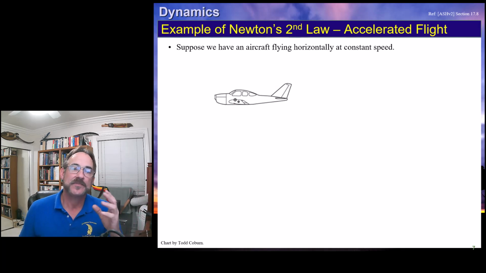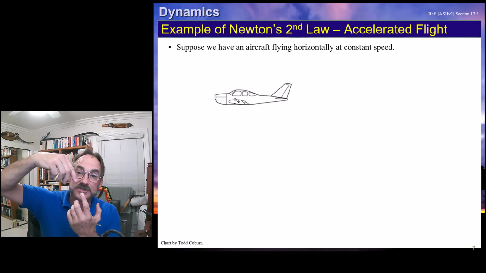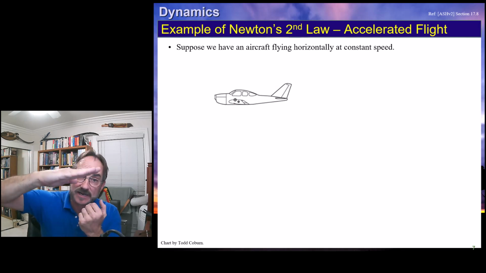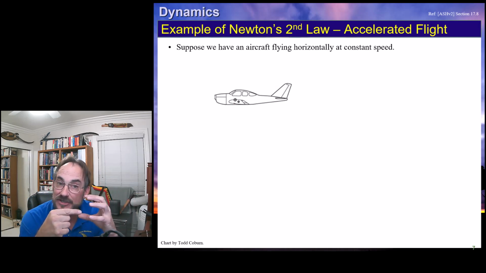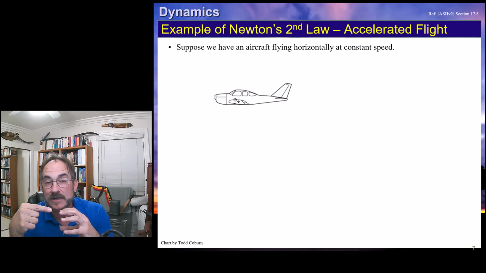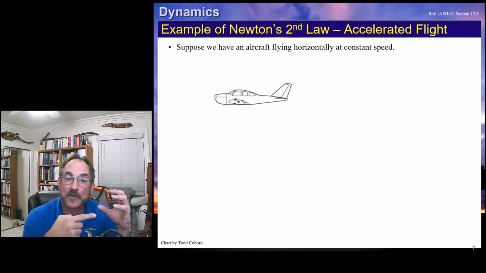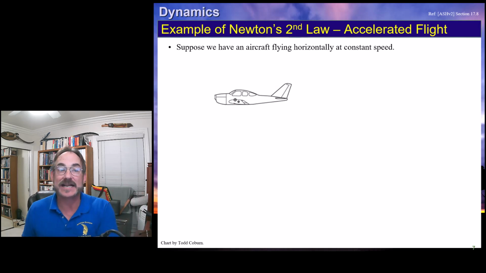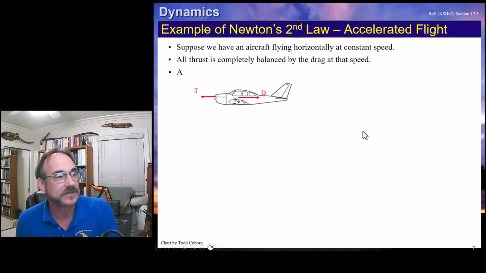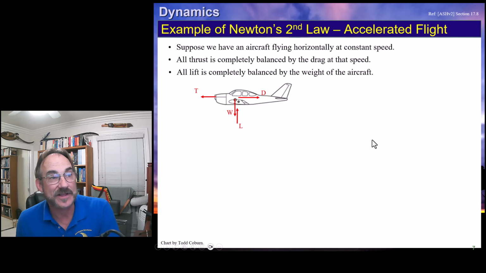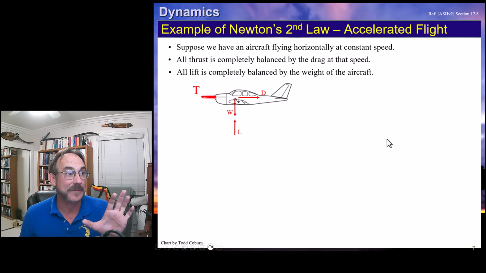That means either the lift drops so that the weight is more, that means it's going to drop, or else maybe the drag increases due to wind or something, and so now we get a deceleration, or maybe we apply more thrust so it overcomes the drag and we get an acceleration, okay? So remember, at the constant speed, we were completely balanced, and our lift was completely balanced. And even though they're offset, we pretend that they're lined up, okay?